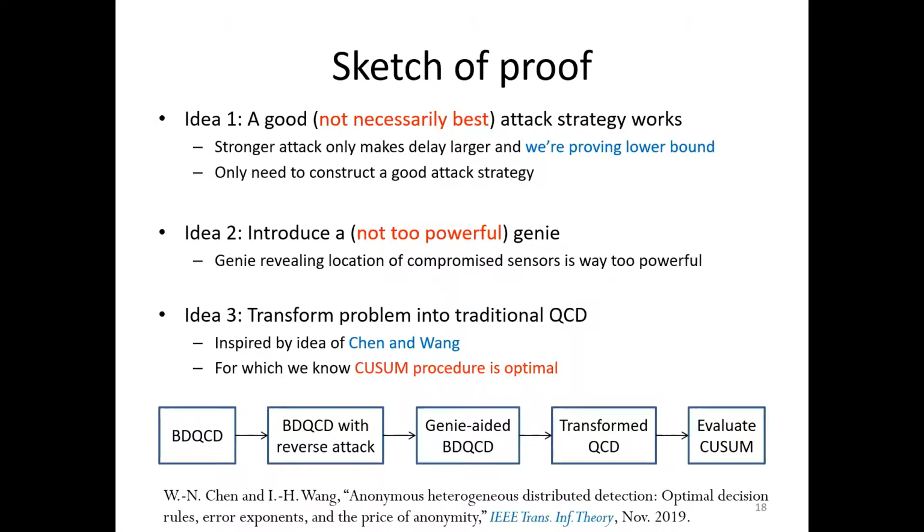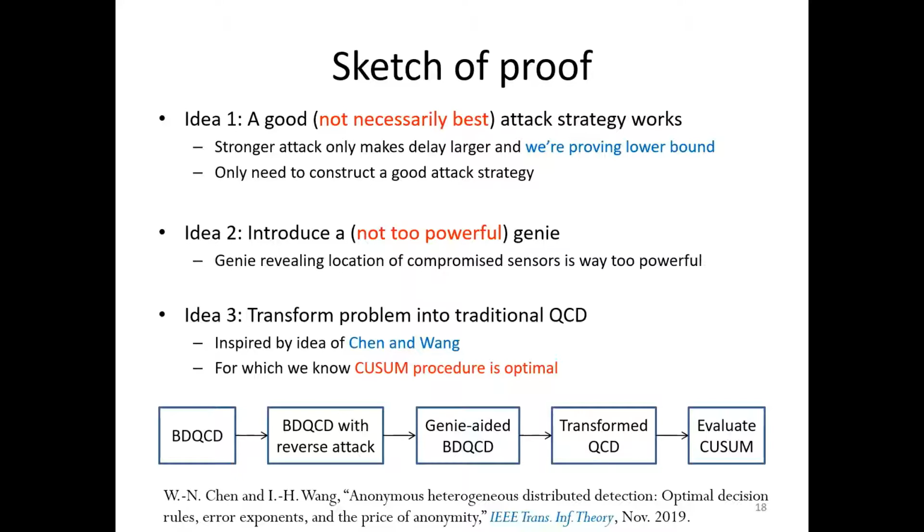So the second idea here is that we introduce a not too powerful genie. Okay. So you can see that I highlight the not too powerful because it is easy to get a meaningful lower bound by saying, suppose there's a genie who reveals the identity of the compromised sensor to the fusion center, right? Then the fusion center can just ignore those sensors.